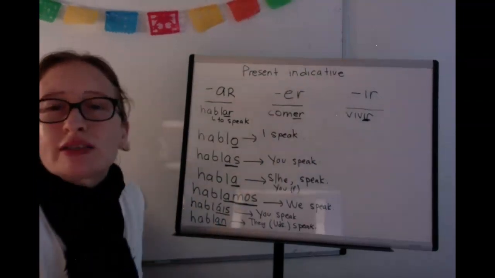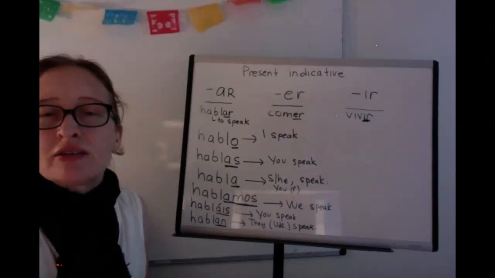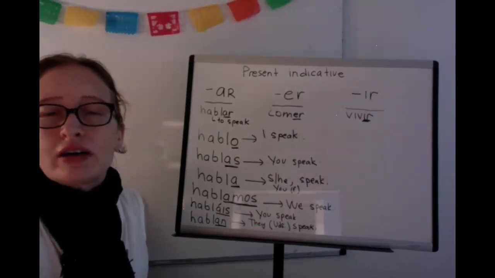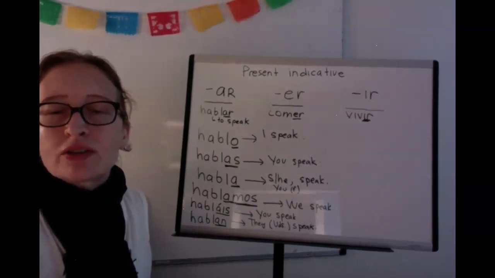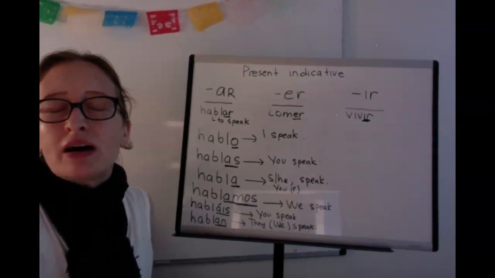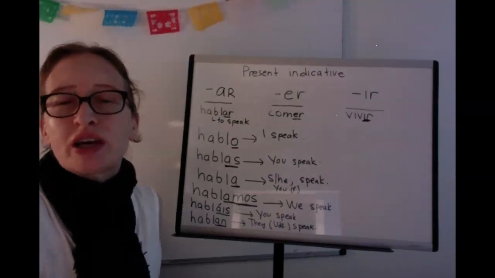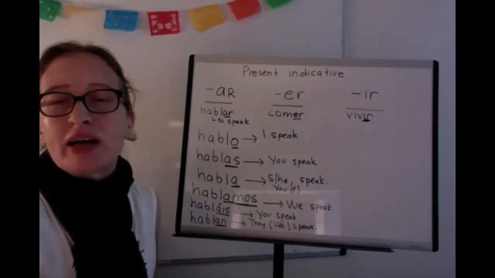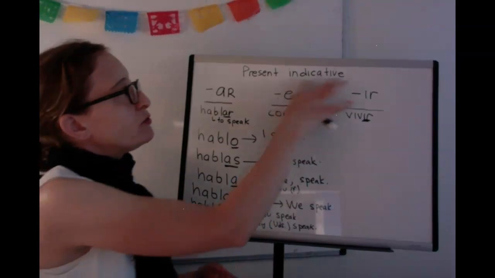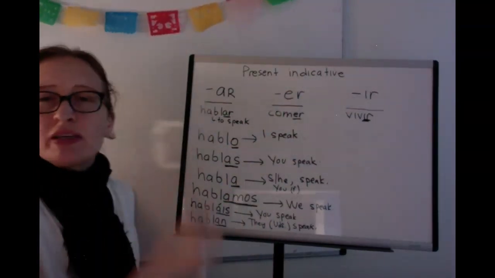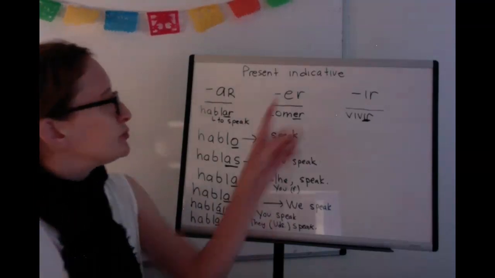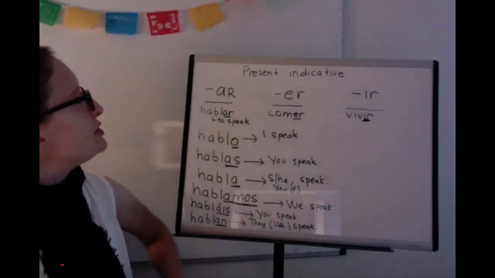This is the present tense, something that is happening in the present, and the indicative is telling us that we're talking about something in an objective way. We're talking about what is perceived by us to be reality. You don't really have to know what this means at the beginning of Spanish. Later on, it will be important to know what indicative means. This is the present indicative.